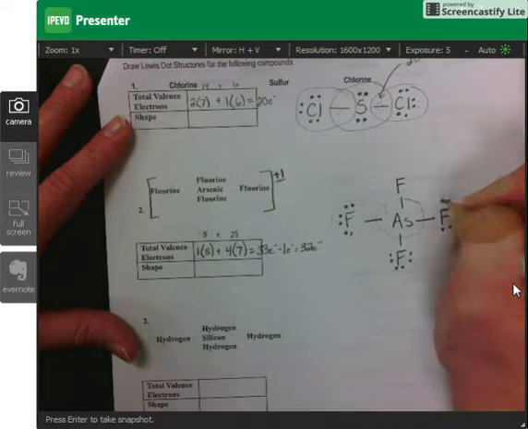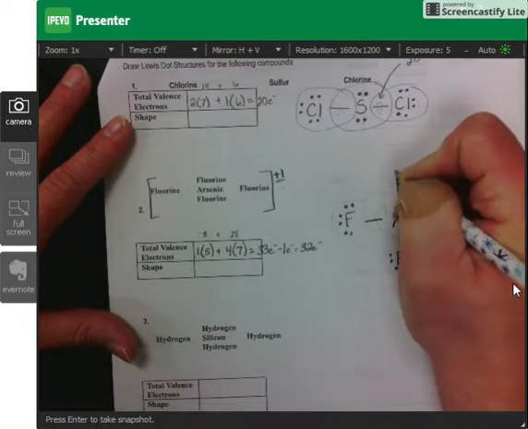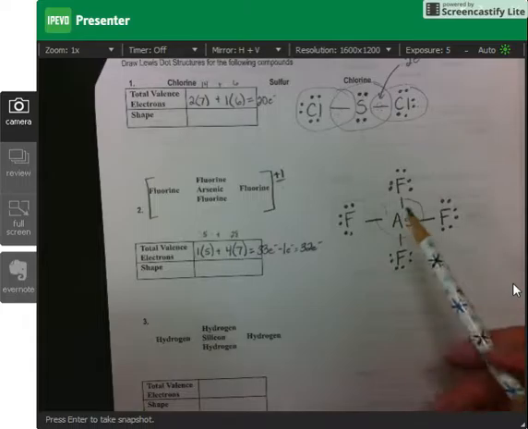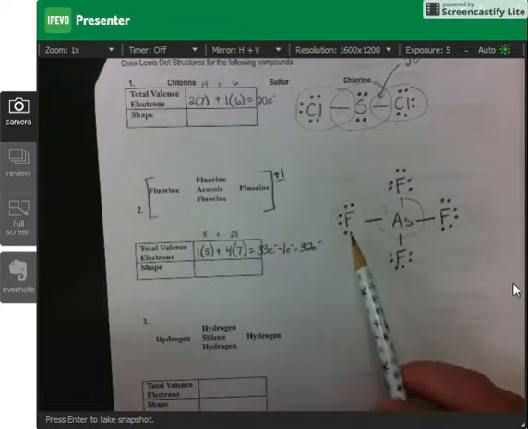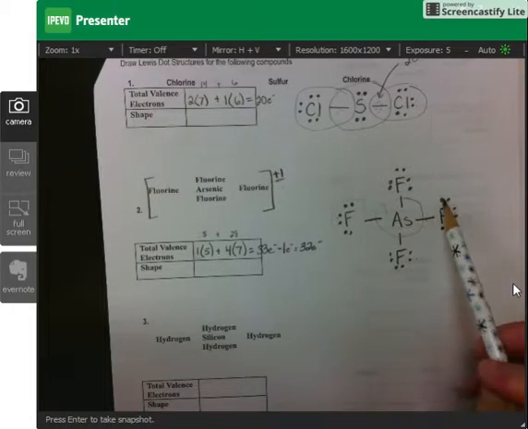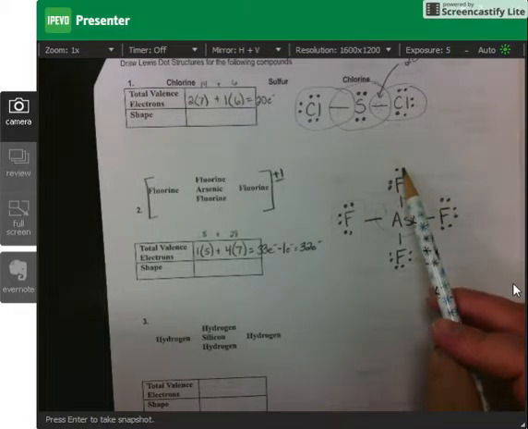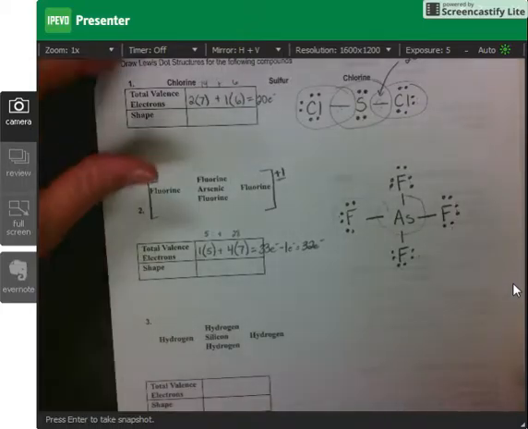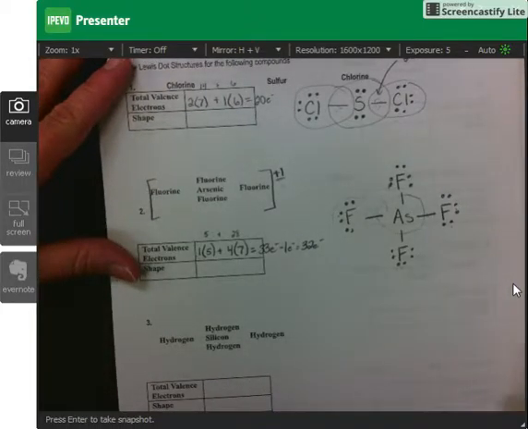He's going to have 8, and he has 8. So now everybody has 8 valence electrons. Let's double check to make sure we got my 32. 2, 4, 6, 8, 10, 12, 14, 16, 18, 20, 22, 24, 26, 28, 30, 32. We're good to go.